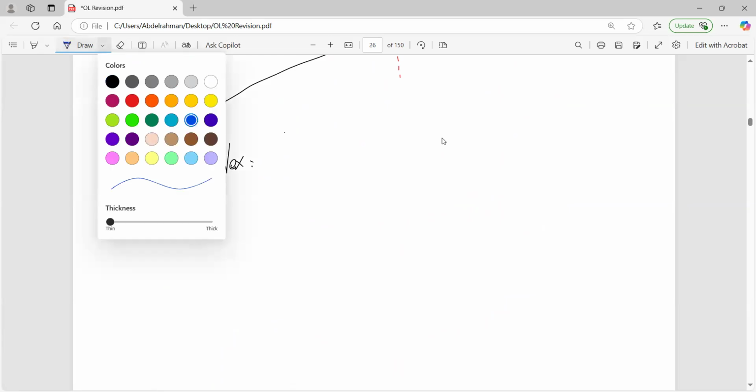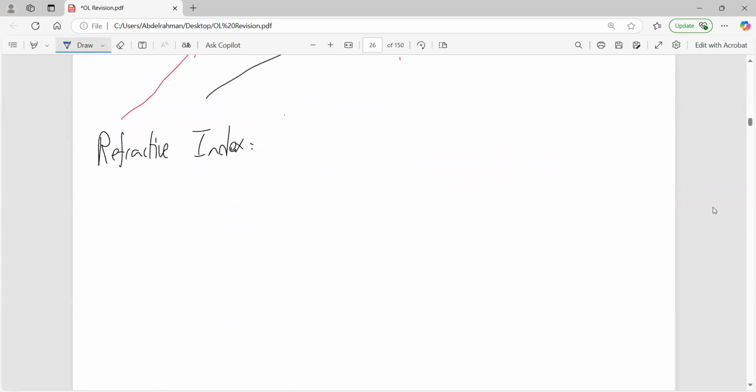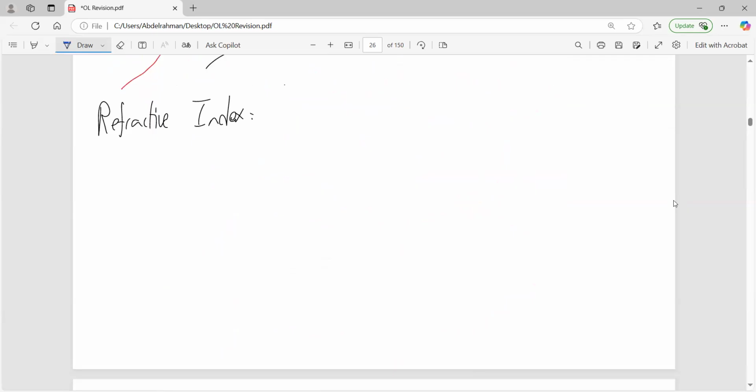Refractive index. We have several equations, so let's write them all quickly. The refractive index n is equal to the speed of light in air over the speed of light in medium. The speed of light in air is a constant.